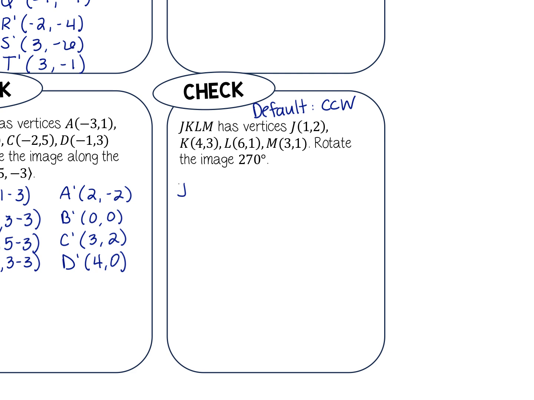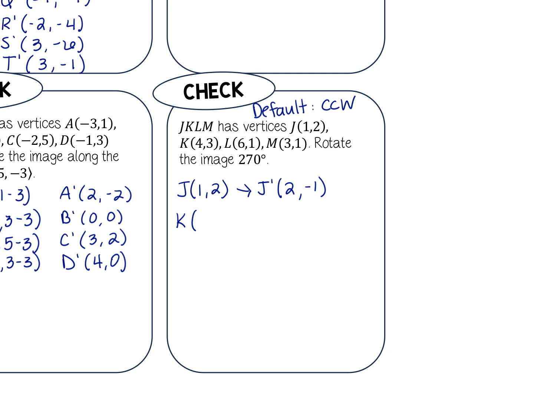J is 1, 2. What does that rule say? We switch the order and negate the x value, which is the new y value. The y value of the original is now the x value. The x value of the original is now the y value, but opposite sign. So J prime is 2, -1.